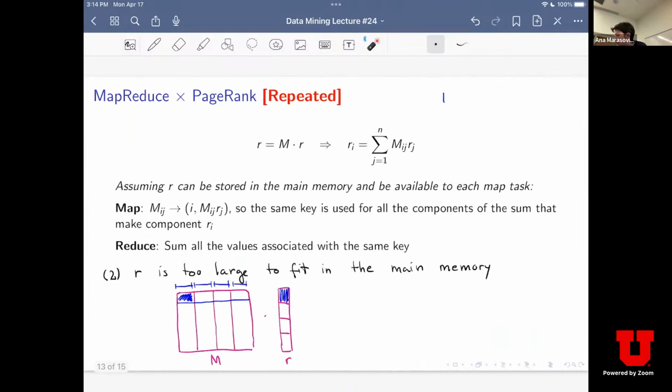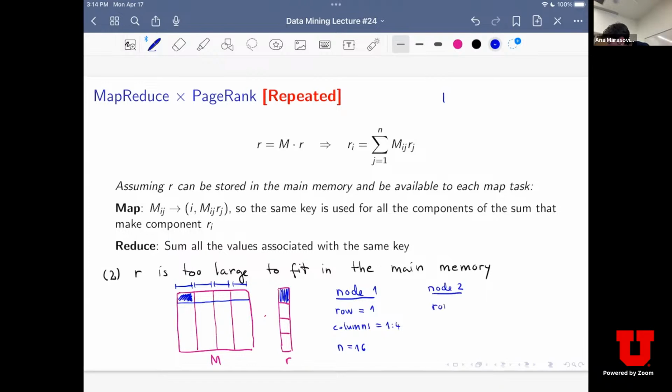So let's try to write how this would look. Node 1 will have, let's say, row equals 1 and columns, let's say we have n to be 16 just to make my life easier, then we would have here 1 to 4. Here we have node 2.